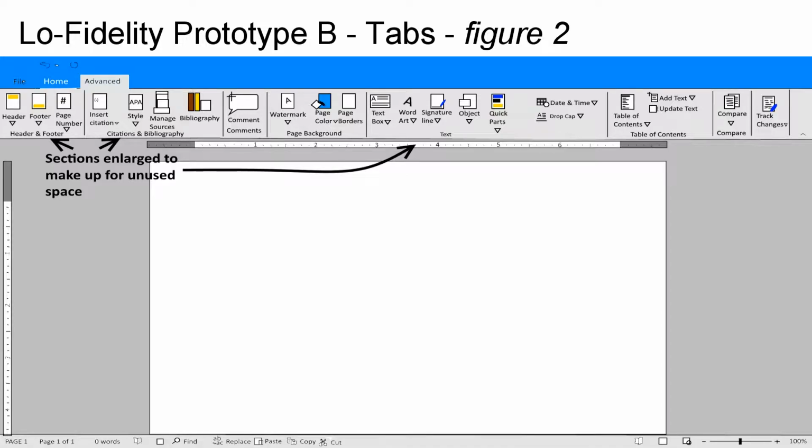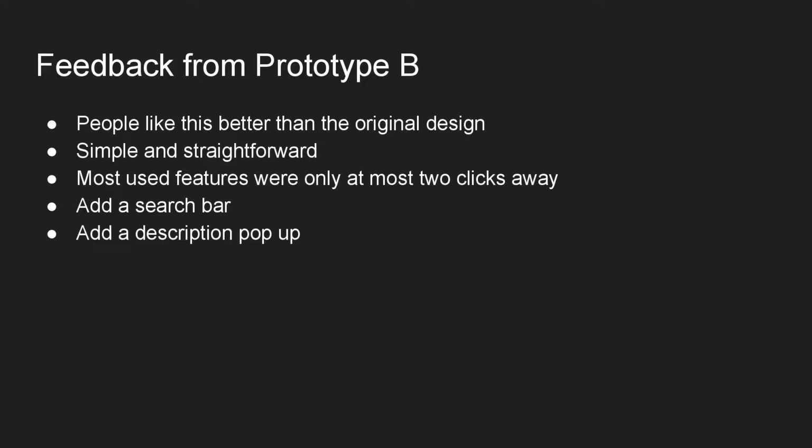And so our feedback from prototype B was that people like this better than the original design. They thought it was simple and straightforward. They enjoyed the minimalistic layout a lot more than the original Microsoft Word. The most used features were at most 2 clicks away, so it was really easy to find what tools you needed.